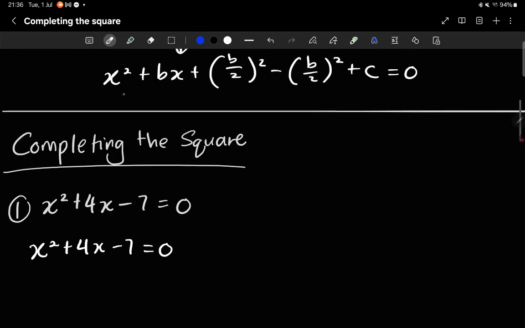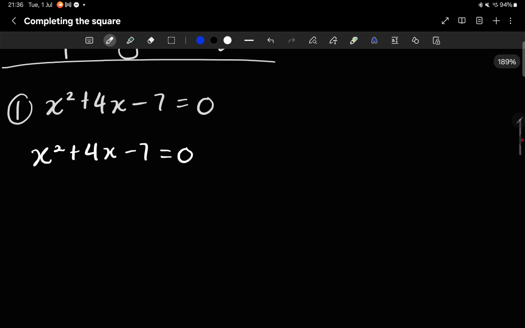You don't have to memorize this formula at all. You just have to go with the flow. Okay, so you just write down x squared first, and then continue to write the bx. Okay, and now our second step would be to plus and write a bracket, and in this bracket it has to be b over 2.